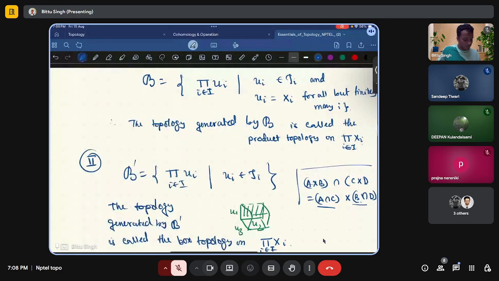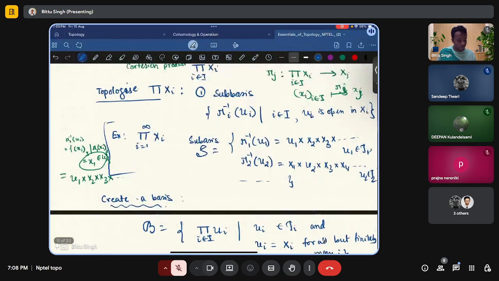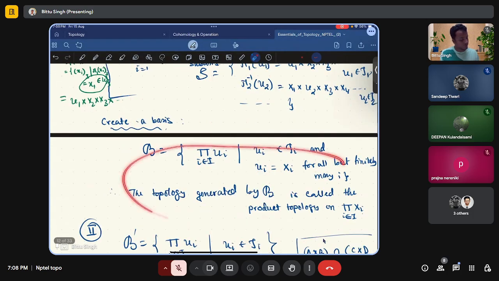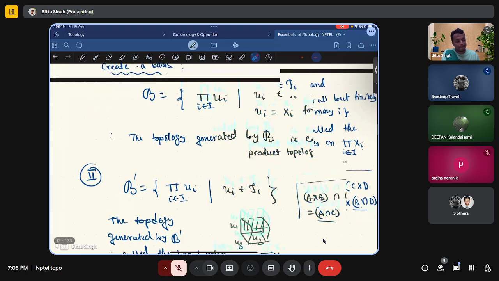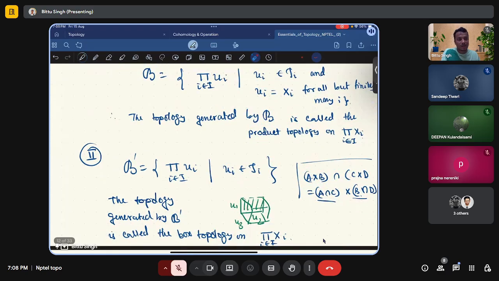So this is how we can define box topology and product topology. But the important topology is this product topology. This product topology is more important. We'll see later why that is more important.